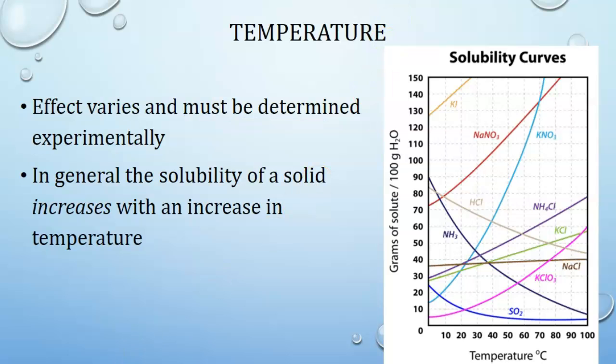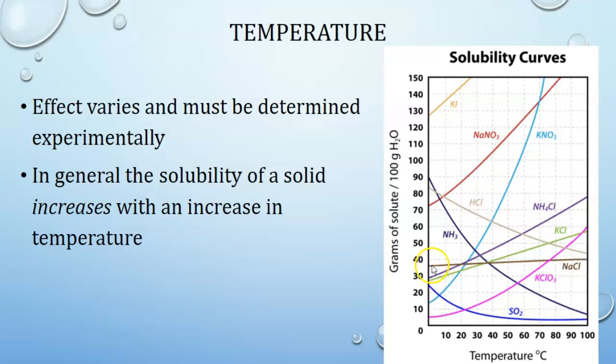And in this slide we're going to see that the solubility of a solid generally increases with an increase in temperature. So all of the lines on this graph that go up are actually solids. But again, their slopes are not uniform, so not all solids experience the same increase in solubility when you increase temperature. Take sodium chloride, for example.